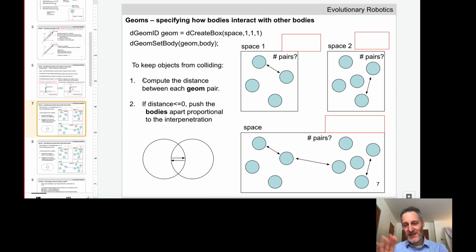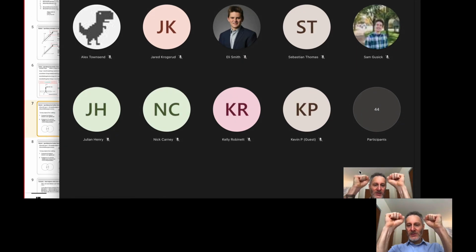The physics engine does this in a lot of different ways, but the main way it does this is to compute the distance between each pair of objects. And if the distance between a pair of objects is less than 0, those bodies should be pushed apart proportional to the amount of interpenetration. So imagine we have two objects suspended in space and they are moving at a high velocity towards one another.